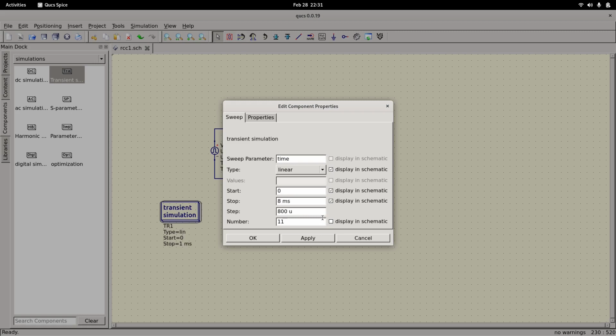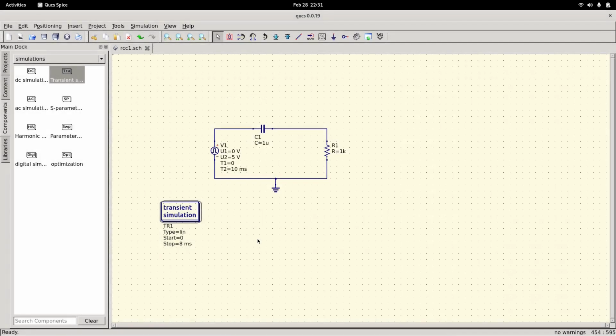Step is, let it be 10 microseconds, so that sufficiently closer values are obtained to plot the graph. Apply. So you can see by selecting 10 microseconds, you will get 801 points to plot the graph. Okay. Now, our settings are over.